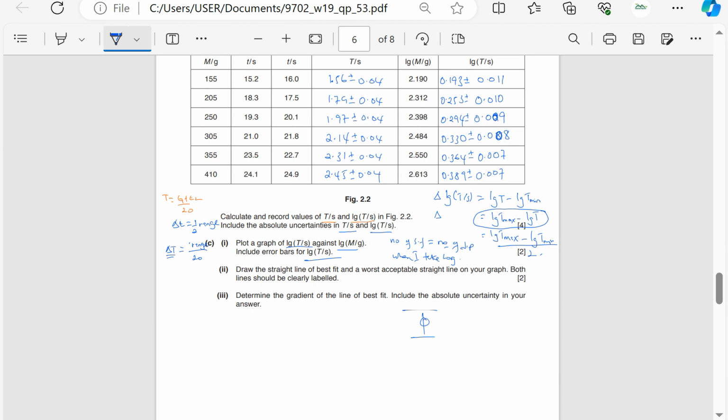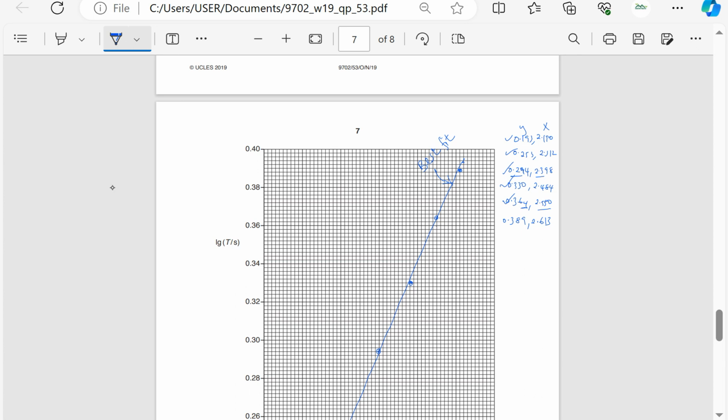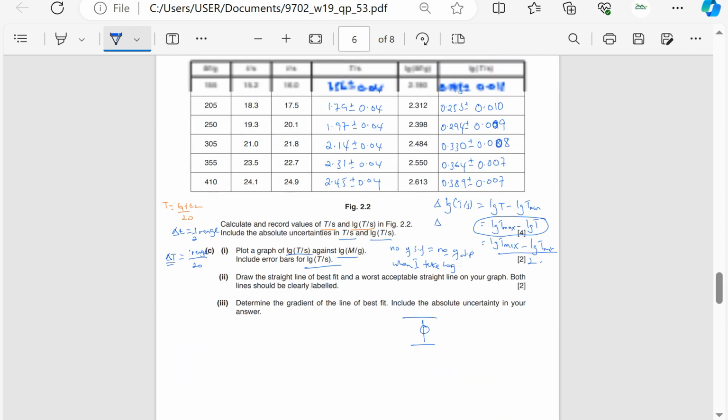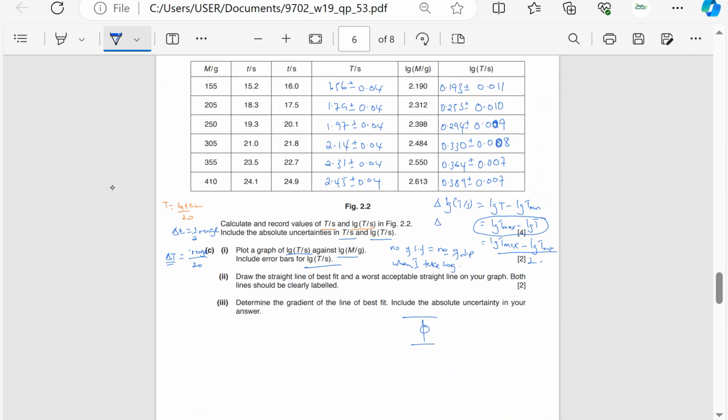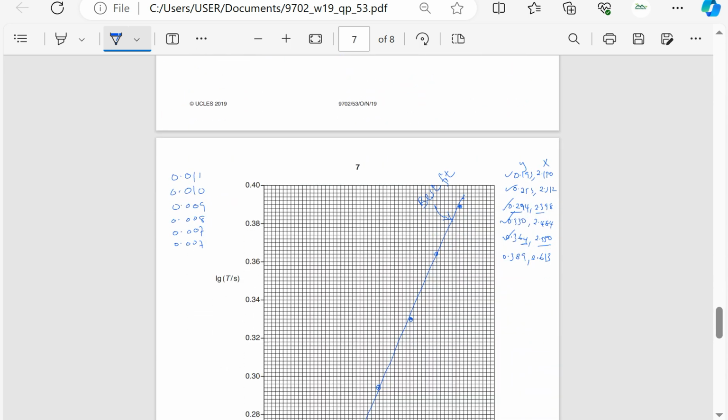So I'll just write down the error bars here: 0.011, 0.010, 0.009, 0.008, 0.007, 0.007. I think that is all. 1, 2, 3, 4, 5, 6. Yes. Okay, let's now plot.